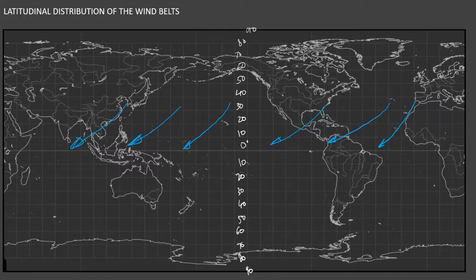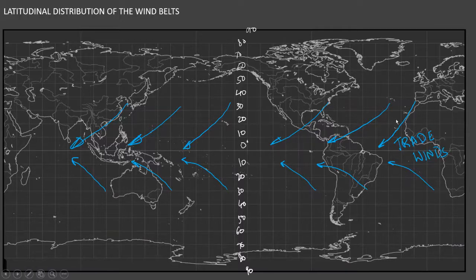So let me draw it in both the hemispheres first. This is very important to know the direction of the wind and which latitudes they operate in. So these winds, they are typically known as trade winds.